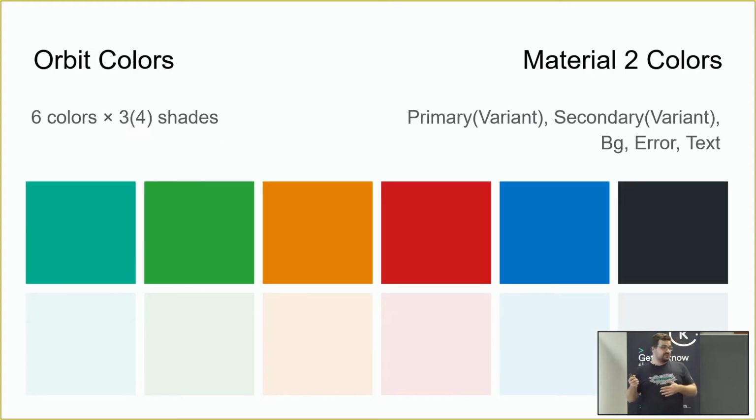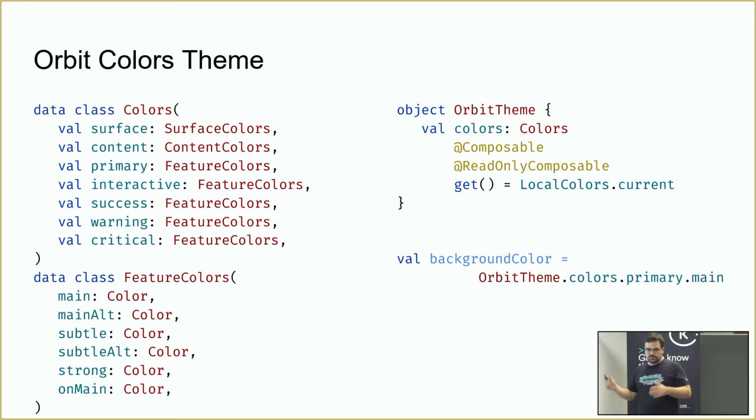The same story is with colors. We have about 6 colors, with 3 or 4 shades. Material has different colors, and not only a different number, but they are also calling those colors differently. So again, what to do? We don't use those material colors. We are creating our own ones.